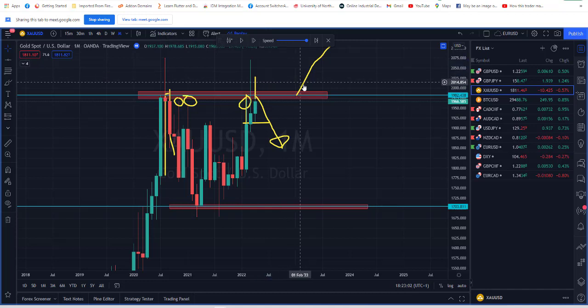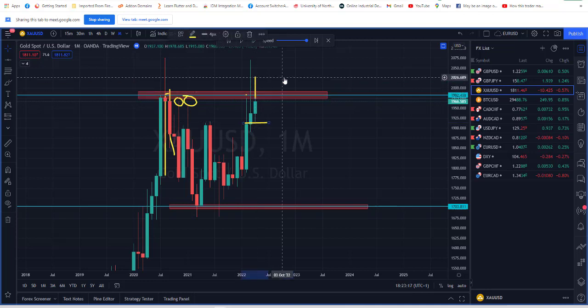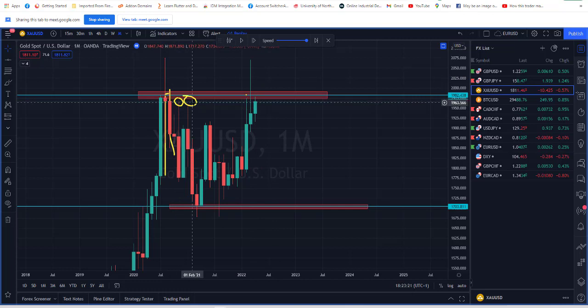Let me clean up this screen a little bit so that we have some clean space right here. Okay, good. We only have the support and resistance now. Our screen is decent enough for us to proceed.